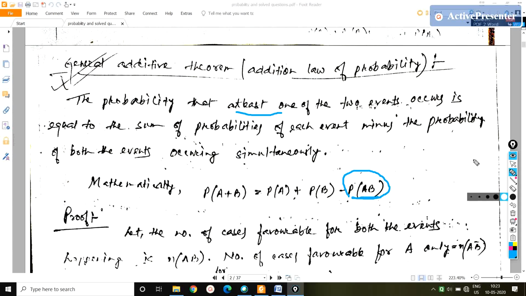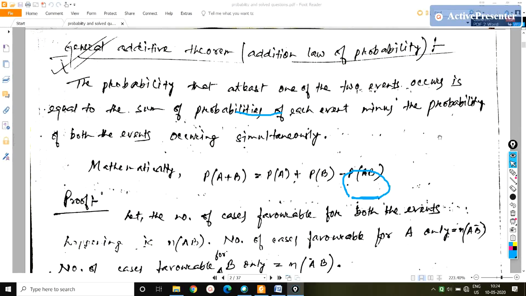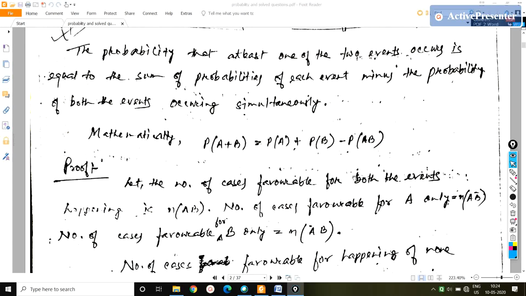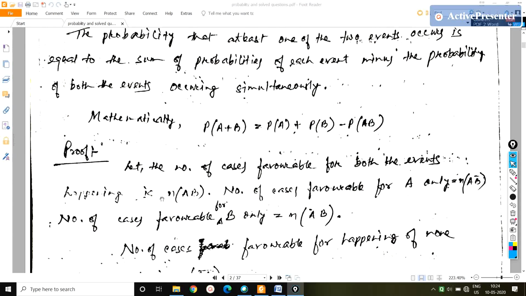To establish this general additive theorem of probability, we will again move to the slide. Let the number of cases favorable for both the events happening be n of AB. So n of AB represents the number of cases for happening of both the two events. Number of cases favorable for capital A only is n of A B bar.